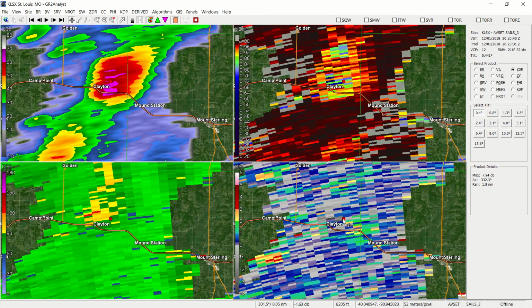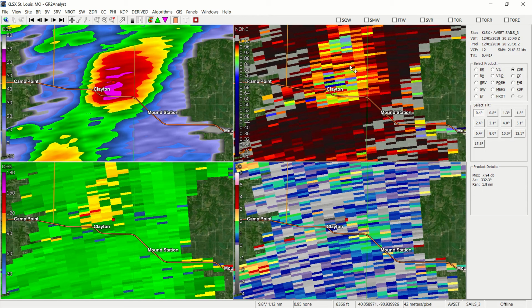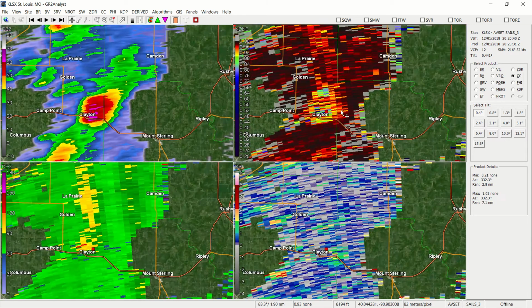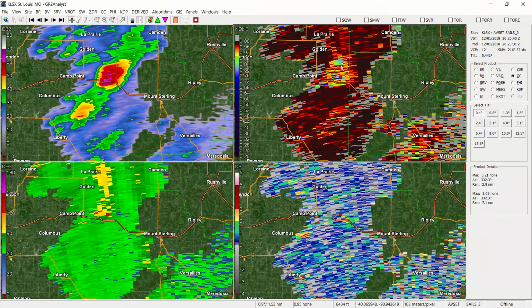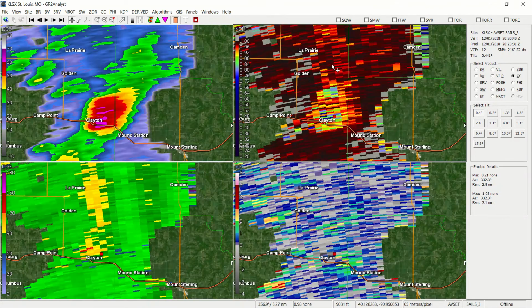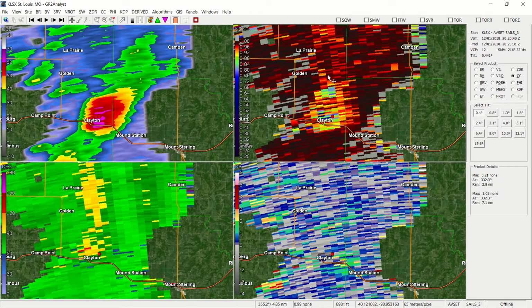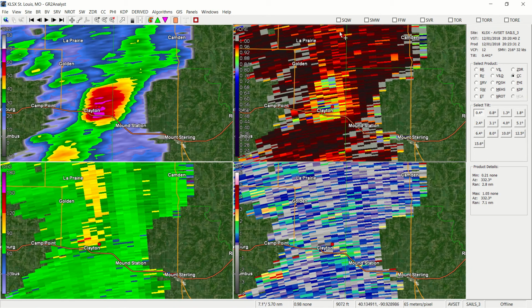And then up at correlation coefficient in the top right here, what it tells us is the consistency of the shapes and the sizes of the scatterers in the volume scan. So in a precipitation field, how do the adjoining scatterers compare to one another?